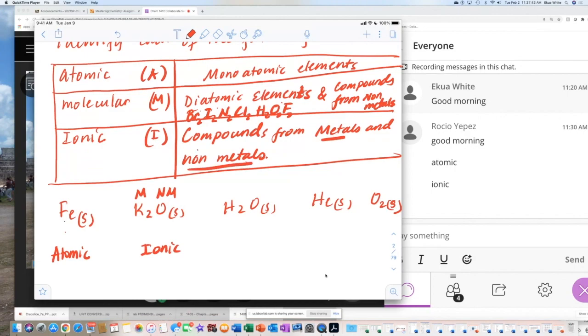So yes, this is going to be ionic. This is definitely an element. What about H2O? Molecular, because this is a compound of two elements, and even though hydrogen is in group 1, it plays the role of a non-metal. So this is molecular: non-metal, non-metal. This is an element only, right? What about helium?